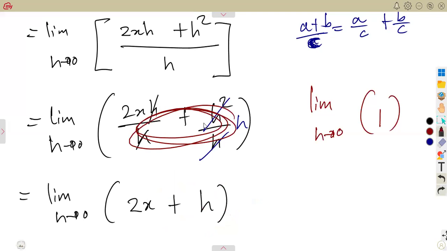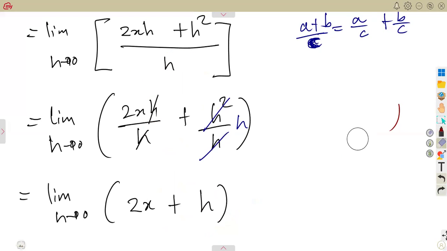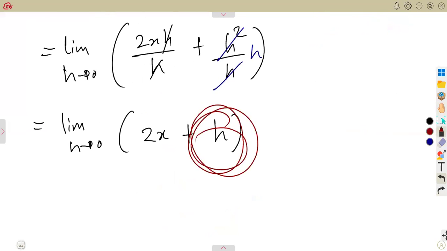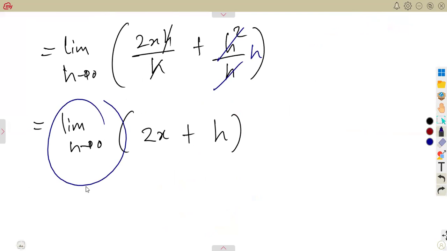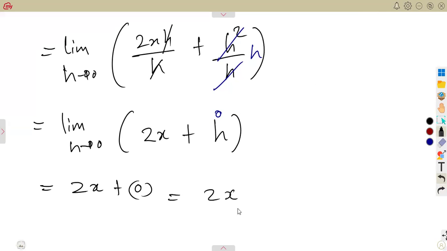What we wanted here was to remove the h in the denominator, and as you can see, we no longer have that. The h that we have is not in the denominator, it's just an h added. So the limit can be applied when h is approaching 0. So meaning to say, in this case, as the limit is being applied, that will be 2x plus 0, like that, which is simply 2x.